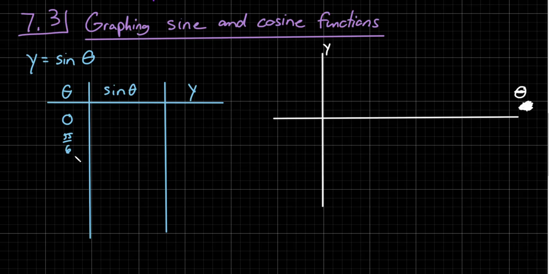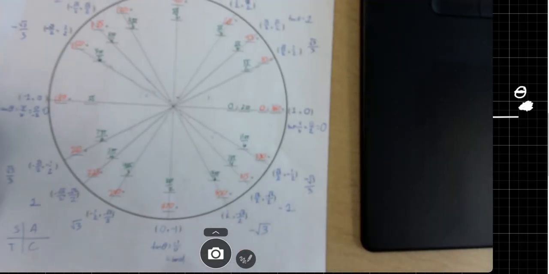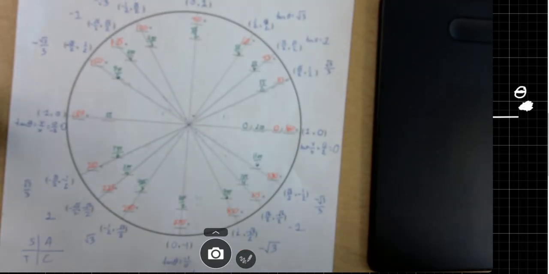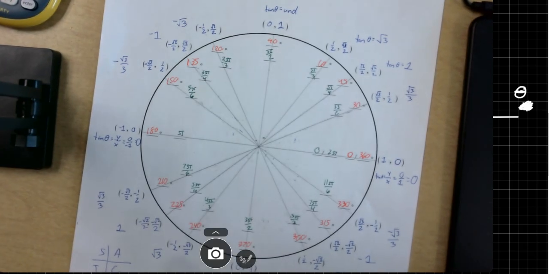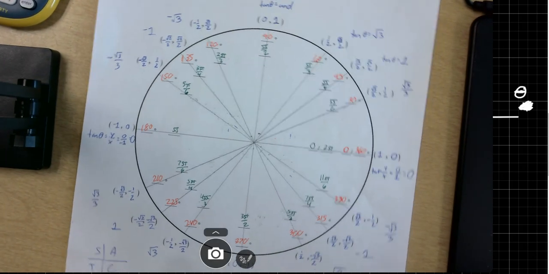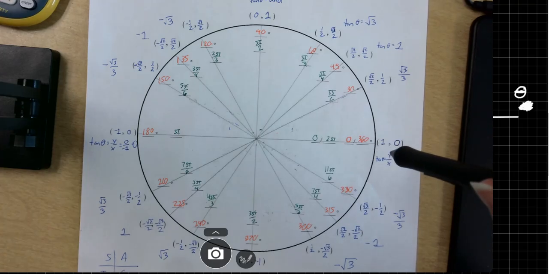We'll use pi too. But I want to show you something. What are my nice clean points on this unit circle? Pi over 2.